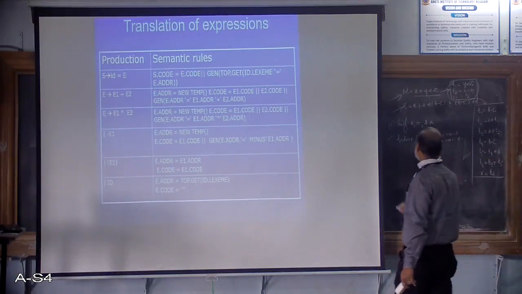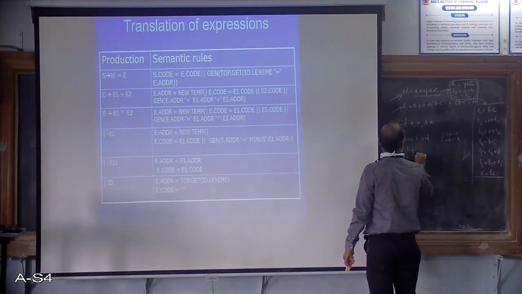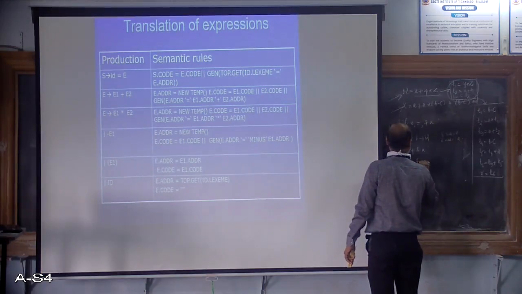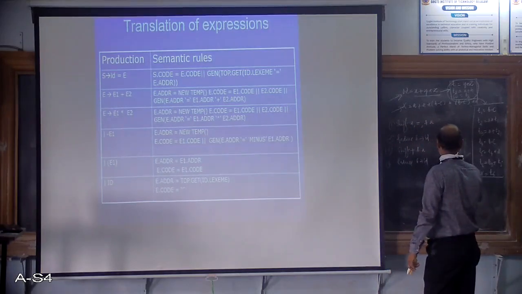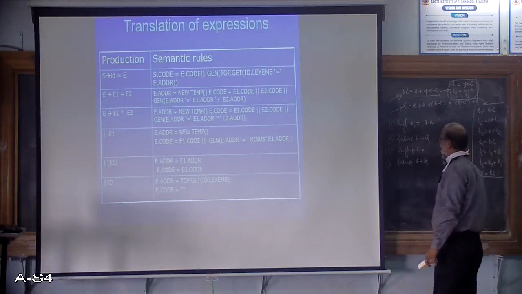Next, third one, again shift plus and A. Fourth one, again reduce E derives ID. Here no code is generated, which is null. However you have the instance of an ID obtained from the symbol table, which is again A.